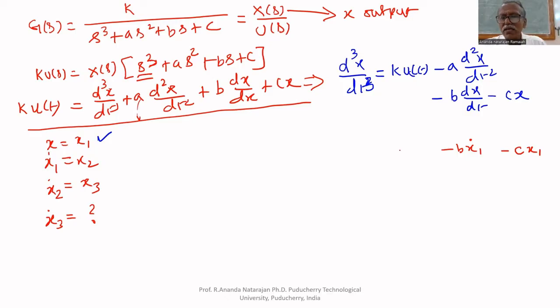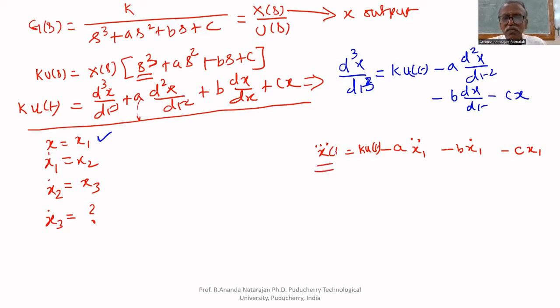What is a d square x by dt square? x1 double dot. Minus k u of t equal to x triple dot. Am I correct or not? All are derivatives. We can write like that.